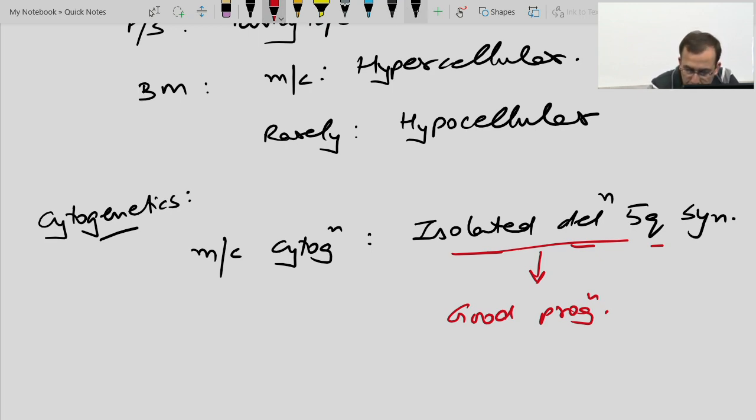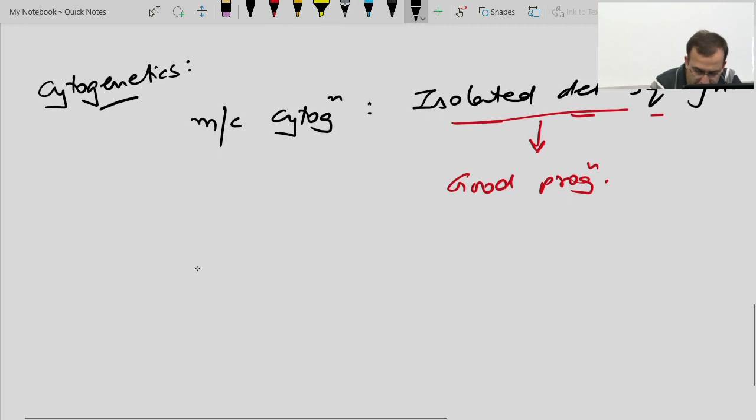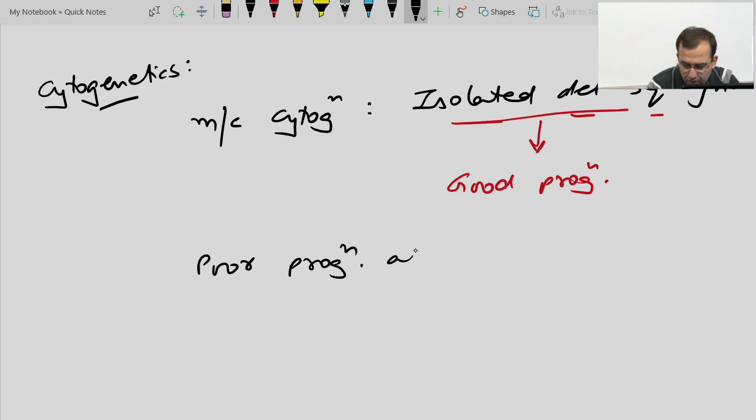Next point, the poor prognostic abnormality in MDS is monosomy 7.